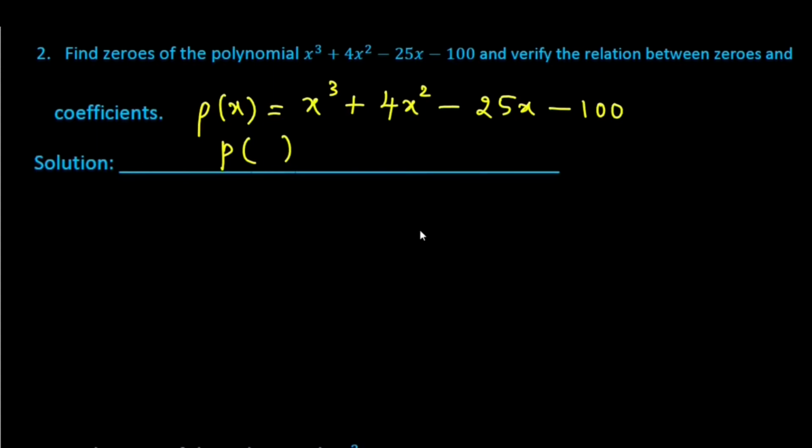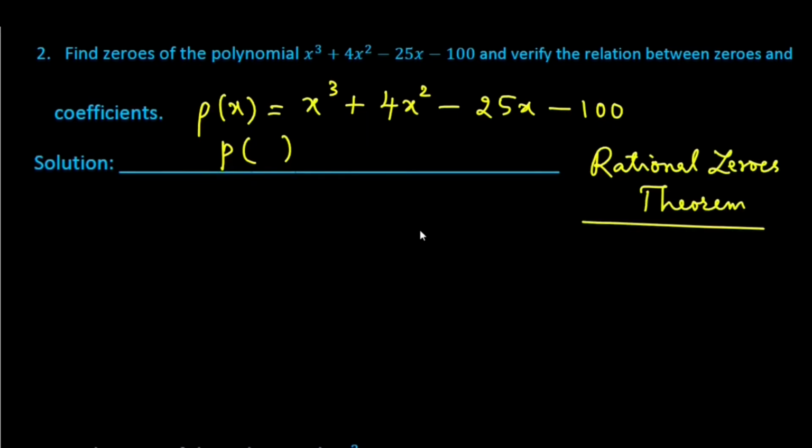We can use the rational zeros theorem. This rational zeros theorem gives the possible rational zeros. We have to take the constant term and the coefficient of the highest degree term. Here the coefficient of the highest degree term is 1. So we can simply take the factors of the constant term 100.